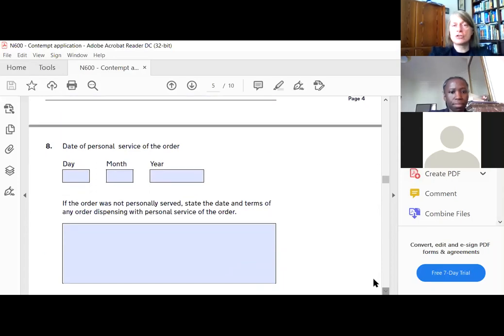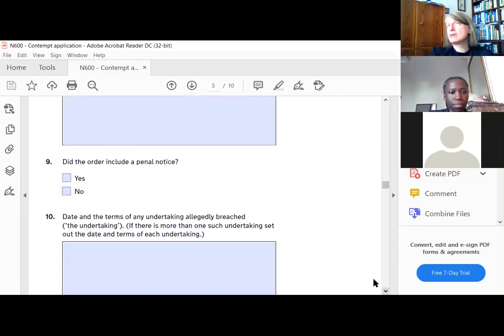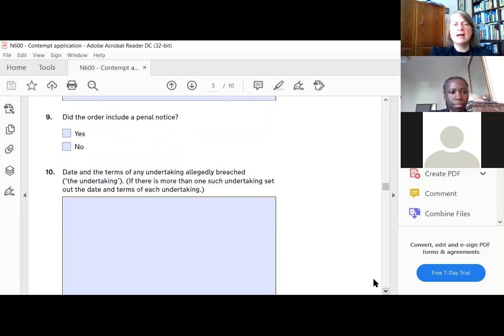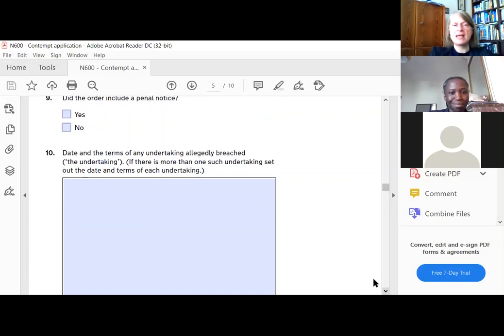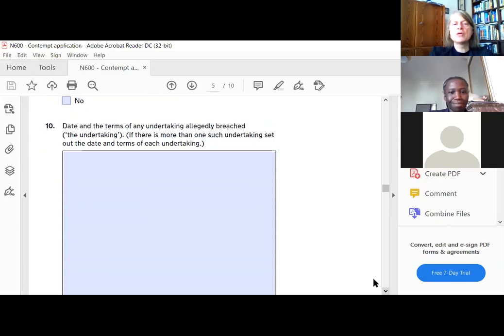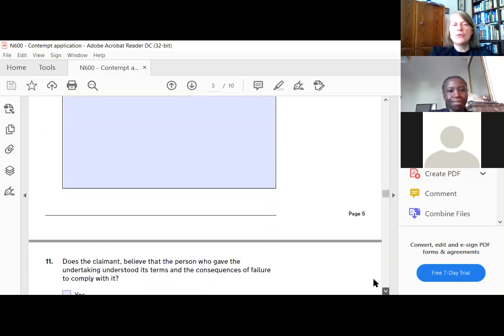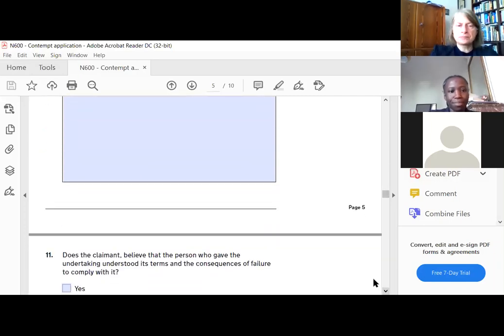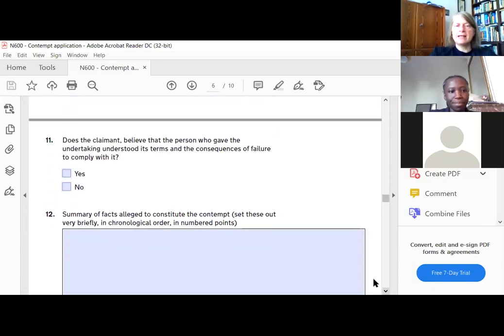information required in relation to service. And as you can see, we're only on page 5 of this form, so we're halfway through the form. And again, this is section 11, and this actually relates to a breach of an undertaking as a kind of subcategory of contempt proceedings.